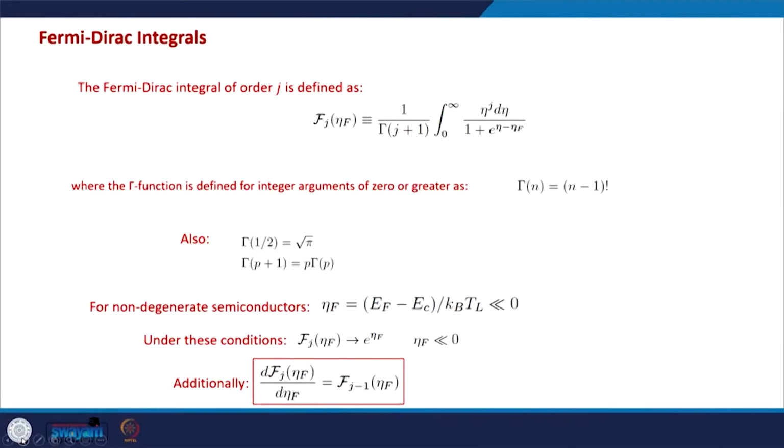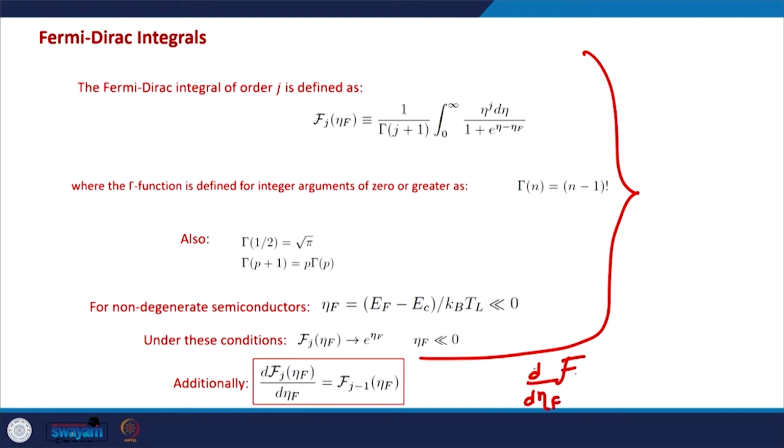In addition to all these properties, I also mentioned last time that if we take a derivative of the Fermi-Dirac integral with respect to parameter eta f, the order of the Fermi-Dirac integral decreases by 1.